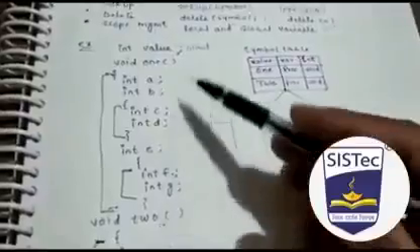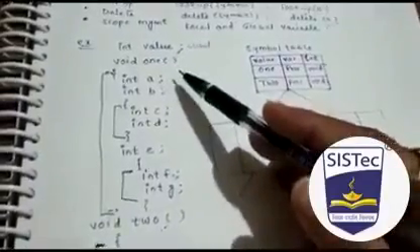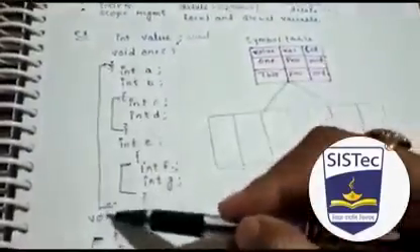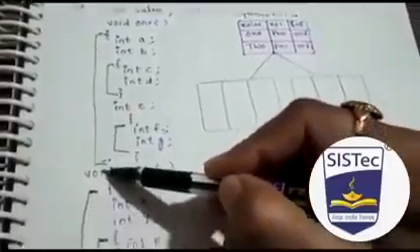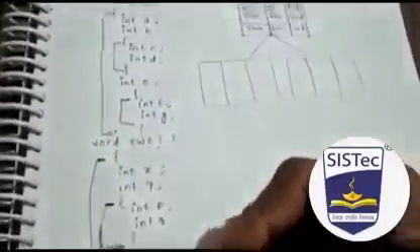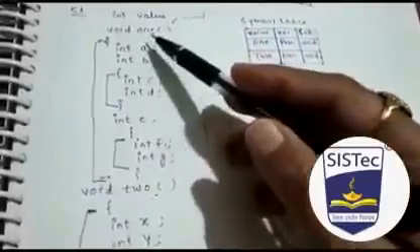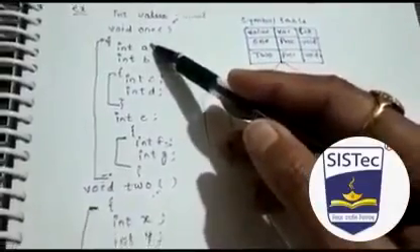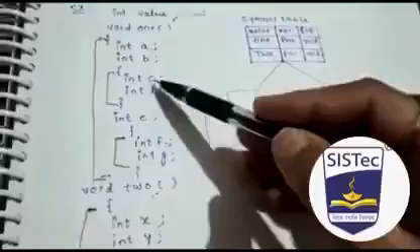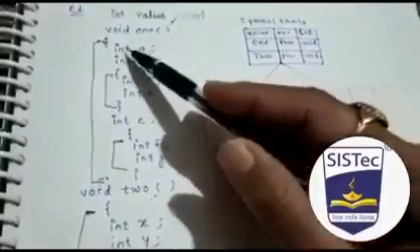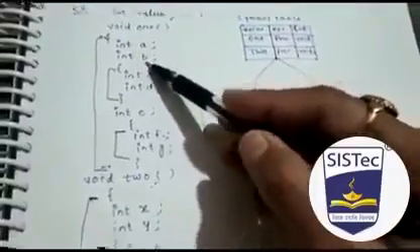The scope of function 1 is from here to here and the scope of function 2 is from here to here. Inside function 1, we have another scope for the variables C and D that comes inside the variables integer A and B.